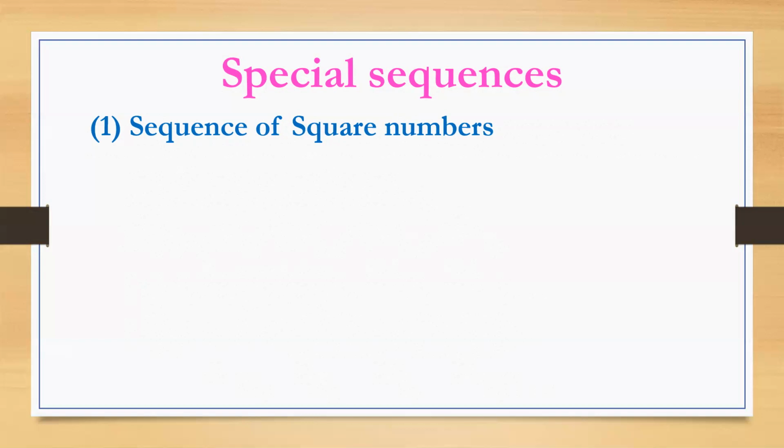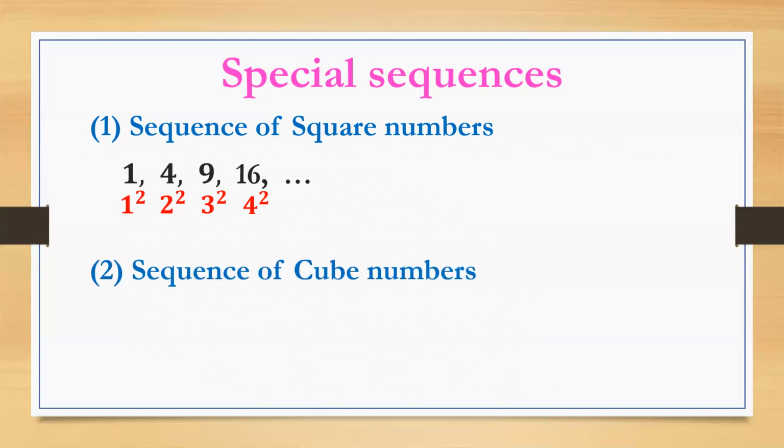And 36 is called a square number. So we have 1, 4, 9, 16. This is the sequence of square numbers because 1 to the square gives 1, 2 to the square 4, 3 to the square is 9, 4 to the square is 16. So we have a sequence of square numbers.